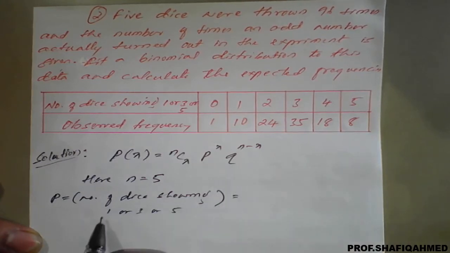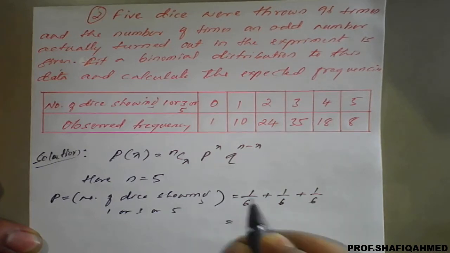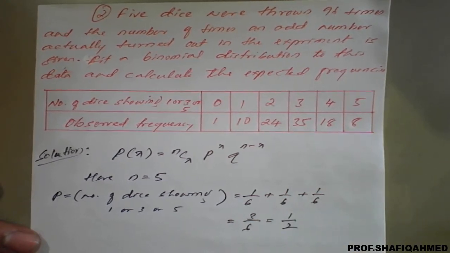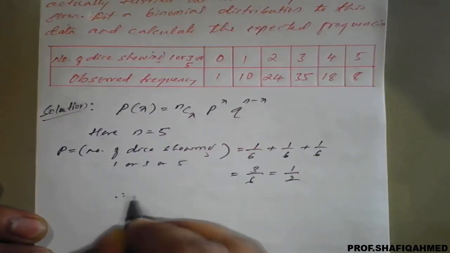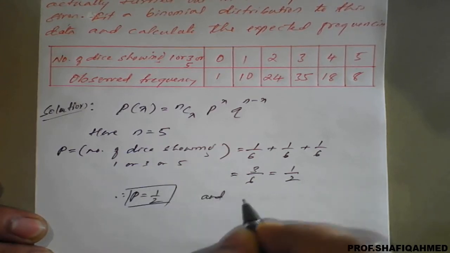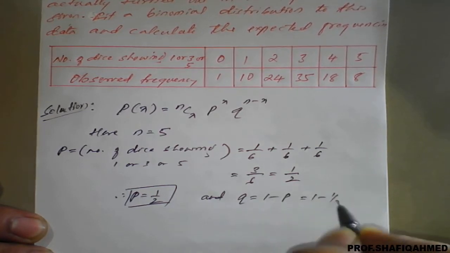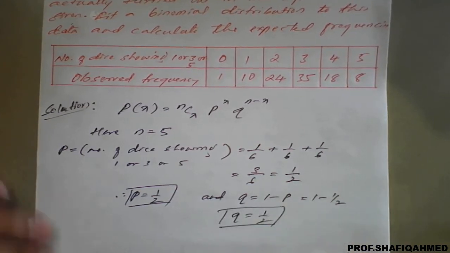If 1 is coming, it's 1 out of 6, 3 is 1 out of 6, 5 is 1 out of 6. So it will be 3 by 6, which is 1 by 2. So the p value is 1 by 2, and q is 1 minus p, that is 1 minus 1 by 2, so it will become 1 by 2. So we got the p value and q value now.